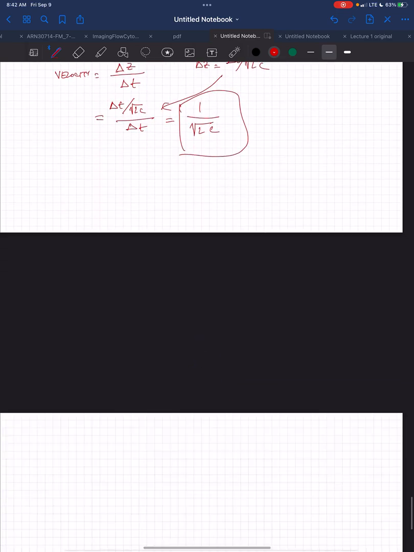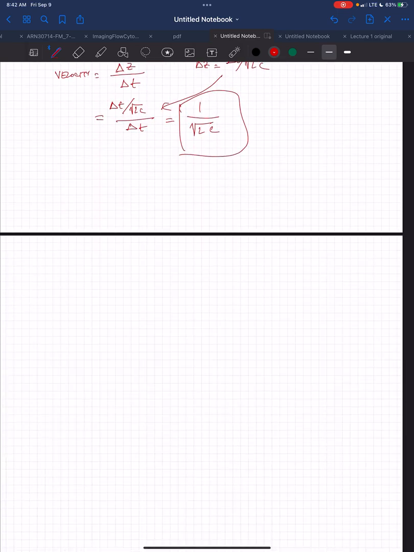Okay, so let's look at some specific solutions for this G or F function. And so what's pretty common, like you guys have seen, we're launching sine waves, sort of stuff like that into these transmission lines.